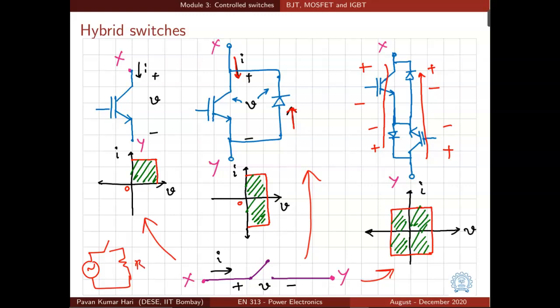The switch has to conduct current in either direction, and also has to block voltage in either direction, because we will be turning off the switch whenever we want. That is an example of a switch which needs bidirectional voltage blocking capability and bidirectional current carrying capability. So this is how different hybrid switches can be realized in power electronic circuits and employed in a particular application according to the need.